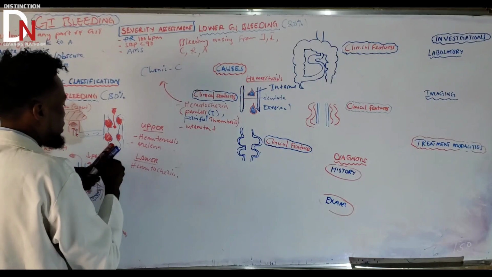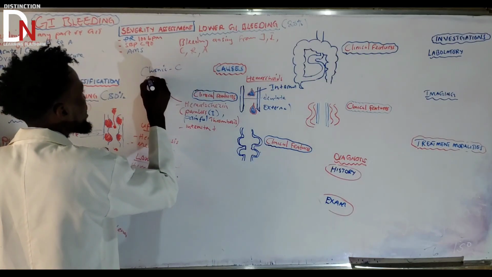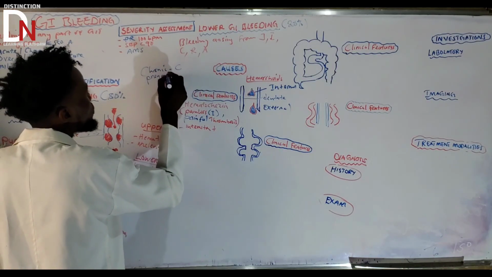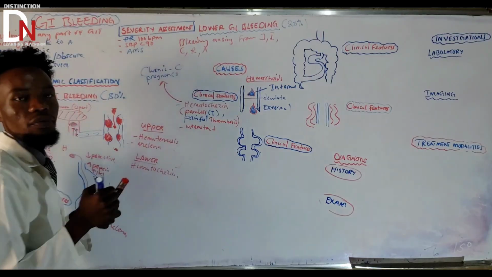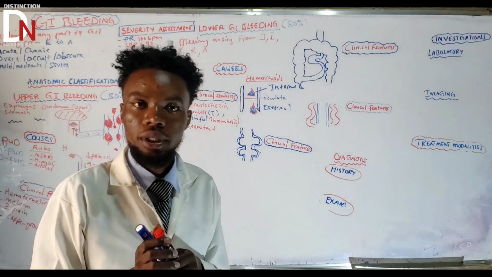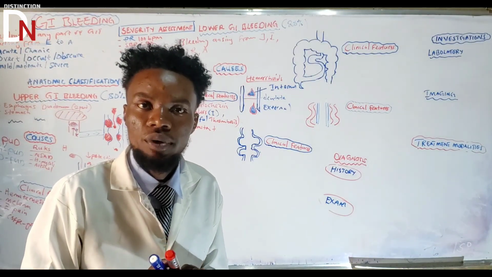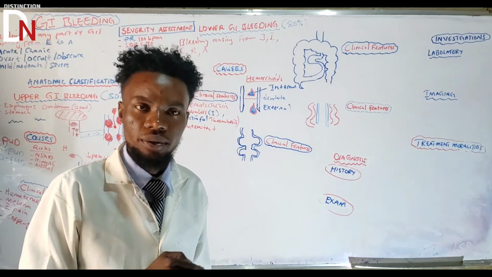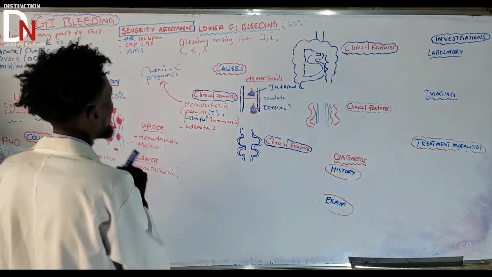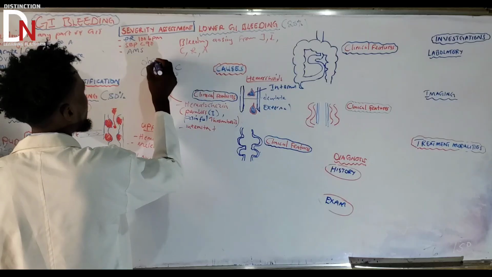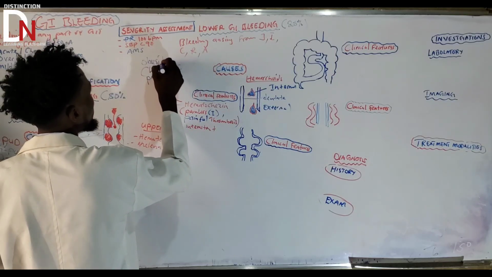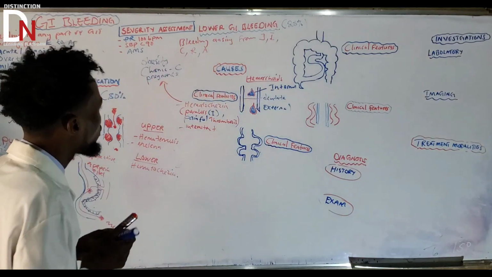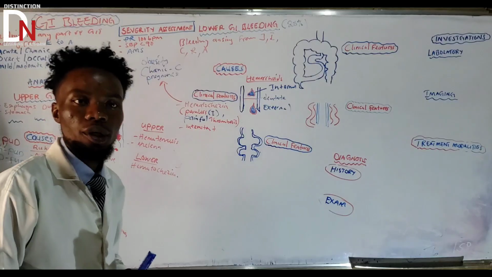What else apart from that? Also, it has been shown that pregnant women, so pregnancy is a very important risk factor, can also predispose someone to hemorrhoids. What else? Also obesity has been shown to cause hemorrhoids as well.